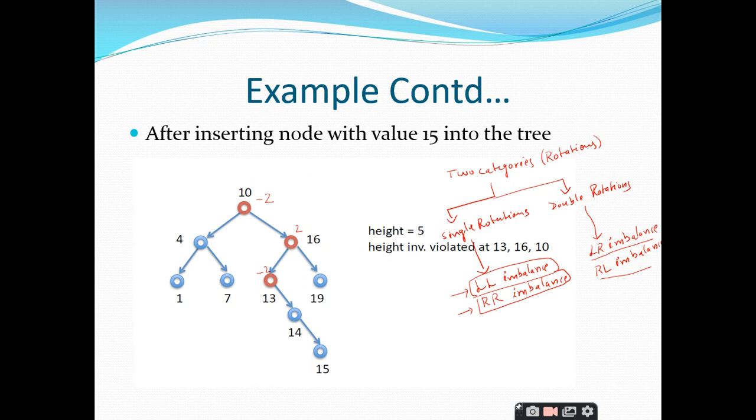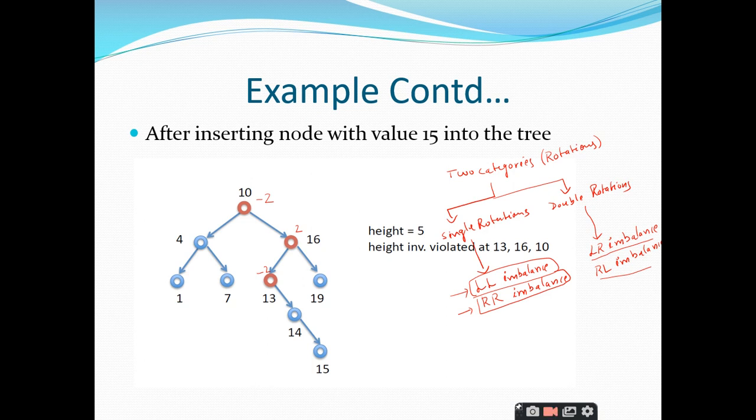For the rebalancing operation, we should know what type of rotations we have to perform. In order to know that, you have to know what categories of rotations there are. There are two categories of rotations. One is the single rotation and the second one we call the double rotation. Under the single rotations, there are two imbalances, that is LL imbalance and RR imbalance.